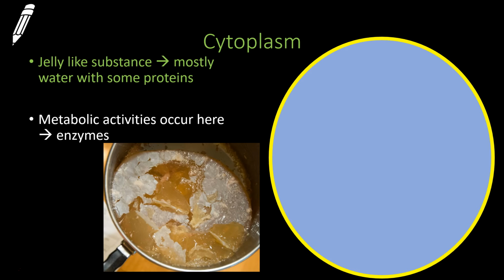So when I think of the cytoplasm, I always think of this jelly-like stuff that we see on leftover meat. Why? Because it's mostly water and protein, just like the cytoplasm is mostly water and protein.